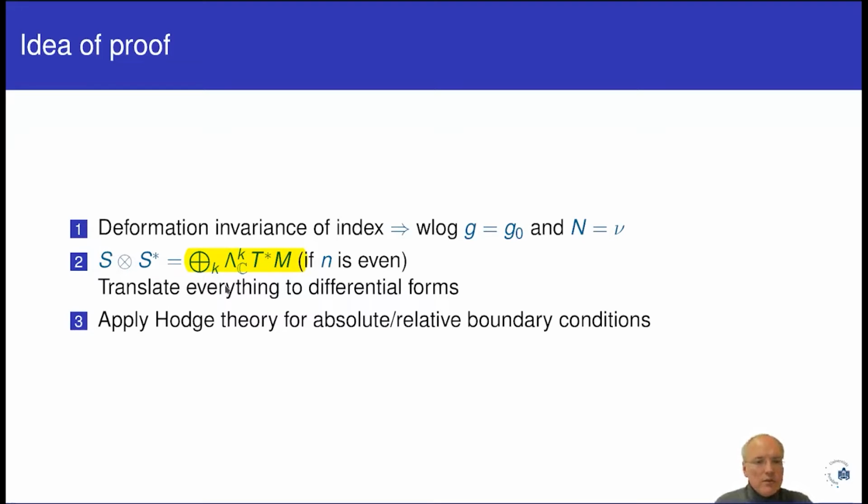And it turns out the boundary conditions get translated to what's called the absolute and relative boundary conditions for forms. It's a mixture of both, actually, depending on the degree. But then you can apply Hodge theory for these, and then you will get the Euler number. Because Hodge theory will relate the kernels of these operators, these harmonic forms under absolute and relative boundary conditions, to the de Rham cohomology for absolute and the de Rham cohomology relative to the boundary, and then you can compute the index, and it turns out to be the Euler number.